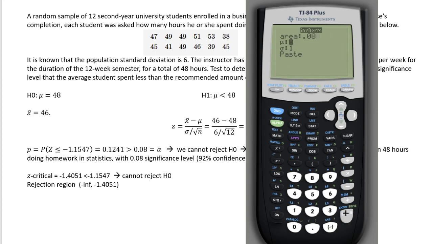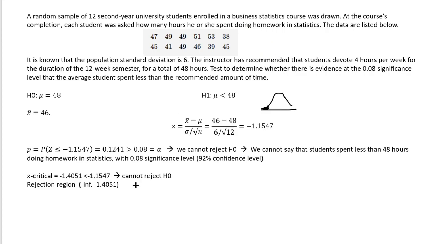That's our significance area. And if you put that, you get negative 1.4051. So as you can see, the rejection region, which is bounded by the critical value, ends at negative 1.4051.